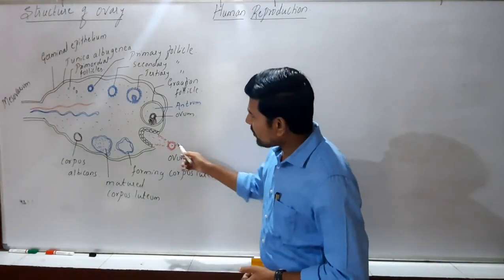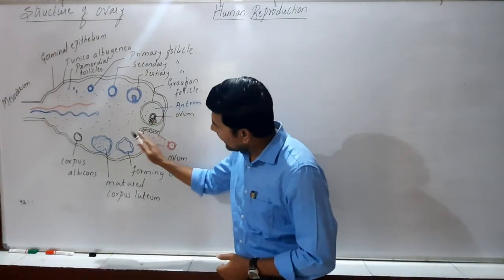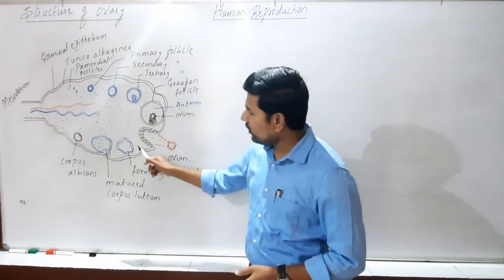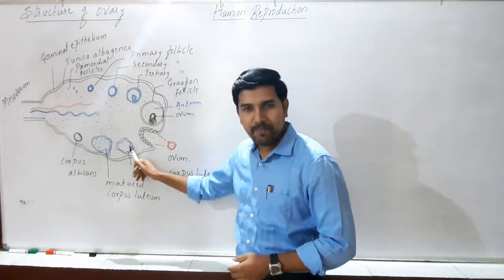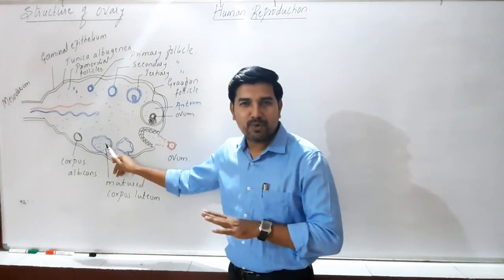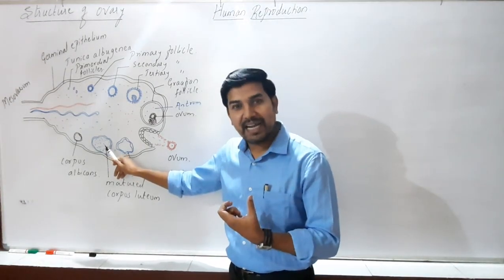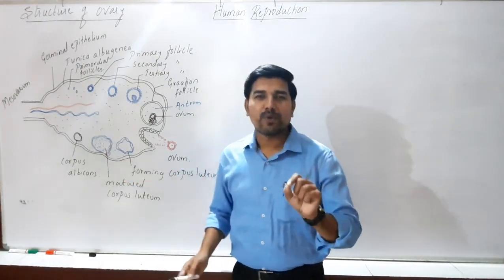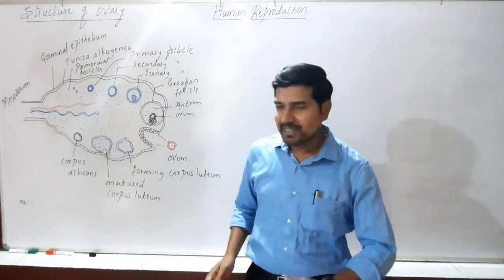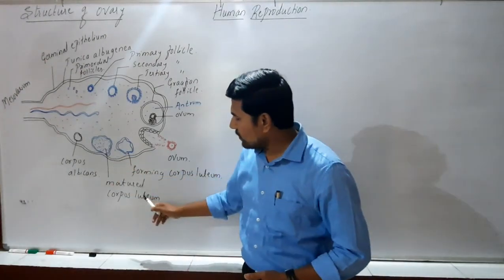Now, after ovulation, this Graafian follicle gets converted into one more structure called the corpus luteum. This is the forming corpus luteum. This is the matured corpus luteum, which is a little enlarged in size and produces a hormone called progesterone. So this is the corpus luteum.